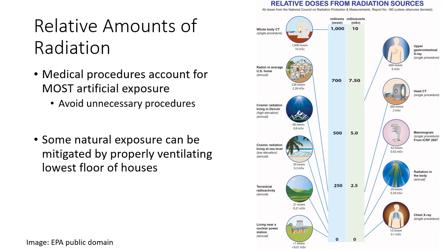But what does this tell us? We want to avoid unnecessary medical procedures, since 50% of our artificial, actually more than that, more than 50% of your artificial exposure to radiation is from medical procedures. So if you can reduce the amount that you get from a medical procedure by not having a medical procedure, you will overall reduce the amount you are exposed to by unnatural means.